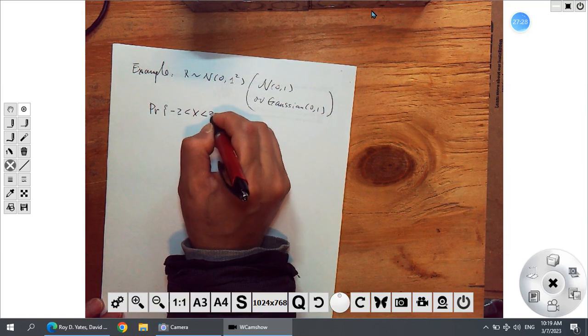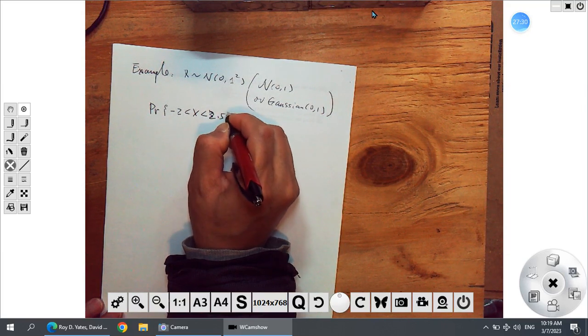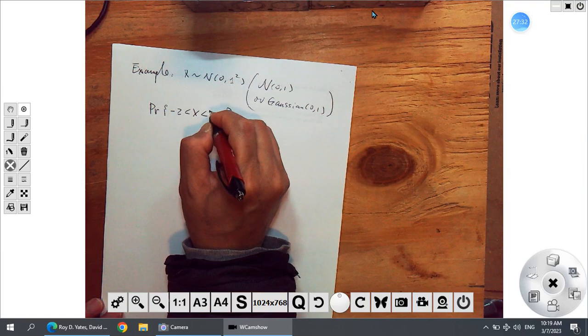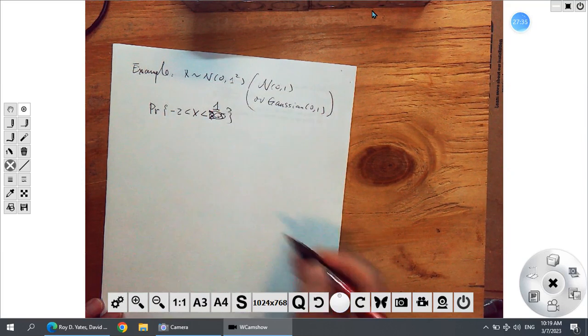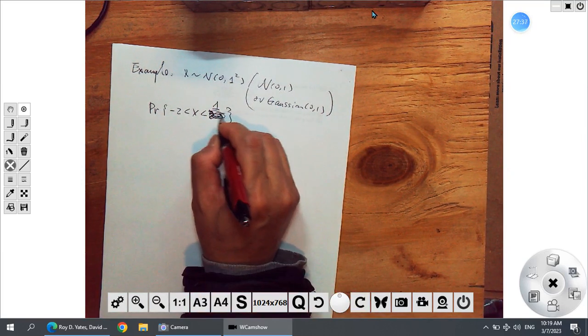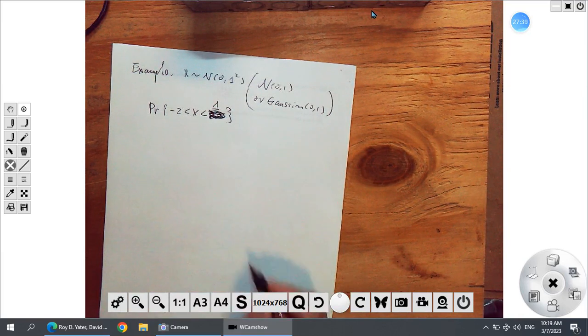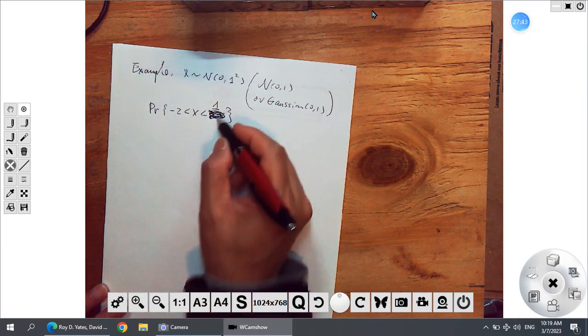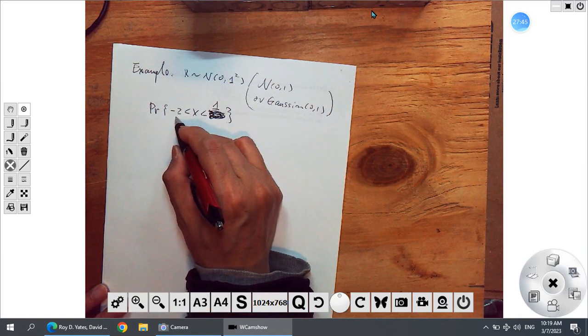Not 3, 2.5. Or just 1. Any number, right? I use 1. We want to find this probability. Now, here is a negative. You cannot find it directly from the table.